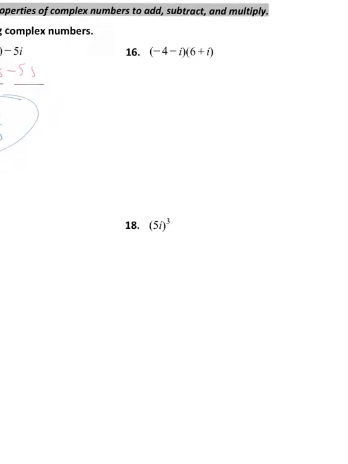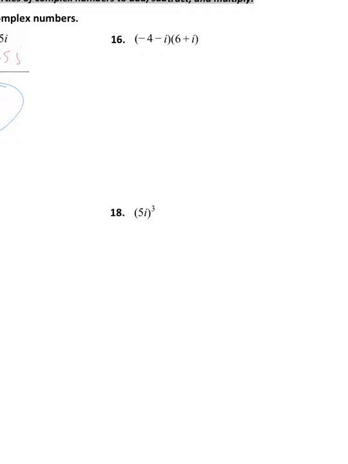Okay. All right, let's move on to 16. We are foiling, okay, which means we're distributing. Not a big fan of FOIL, but people know it. So negative 24 and negative 4i is me distributing the negative 4. And then negative 6i and negative i squared is me distributing the i. Okay.